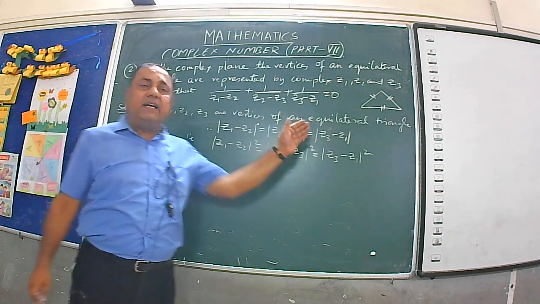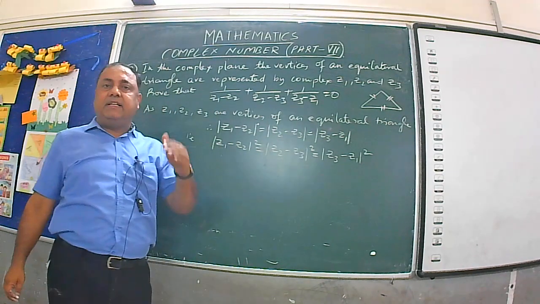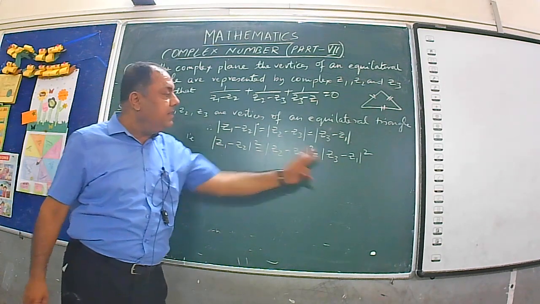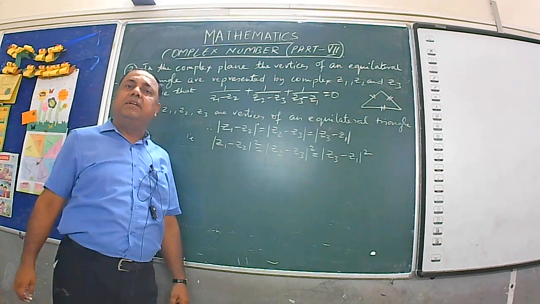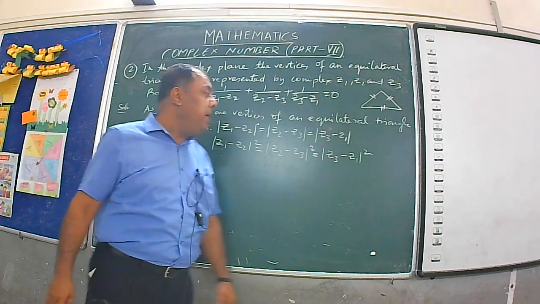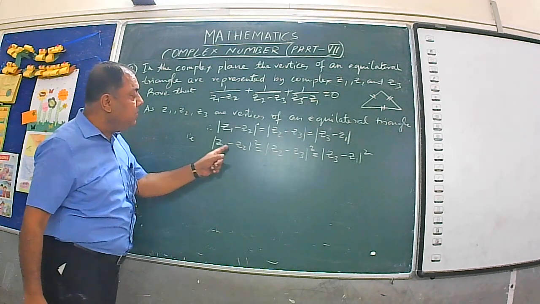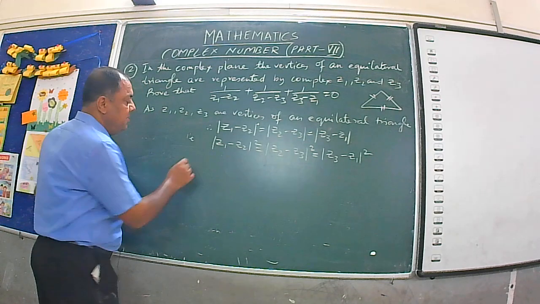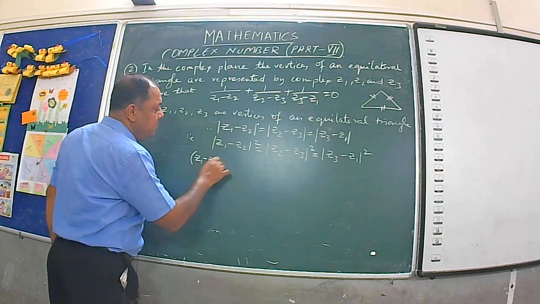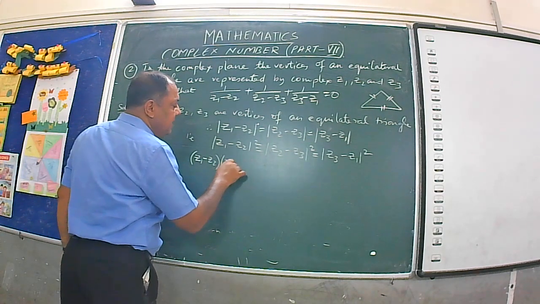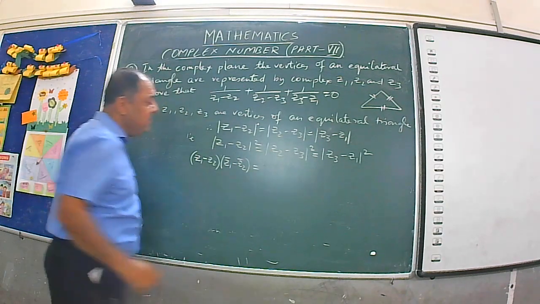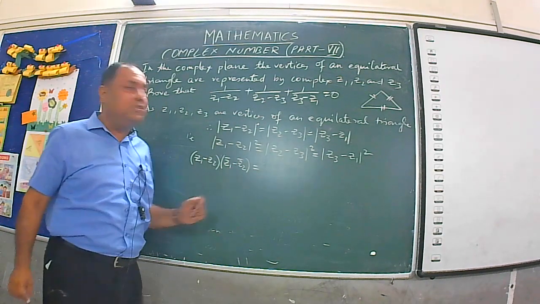The three sides are equal, the triangle is equilateral, so if I square them, they are also equal. And a very important submission I am about to make is that this particular square of modulus can be written as Z1 minus Z2 into Z1 bar minus Z2 bar. You need to pay attention to this very important step.